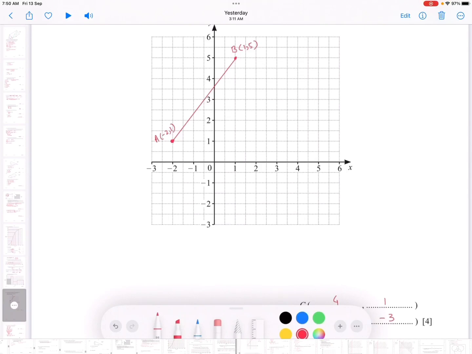That's how we move from A to B. So x is 6 units, y is 8 units.